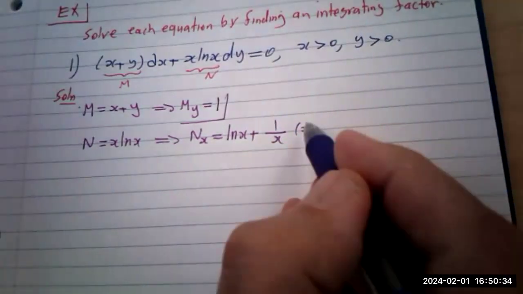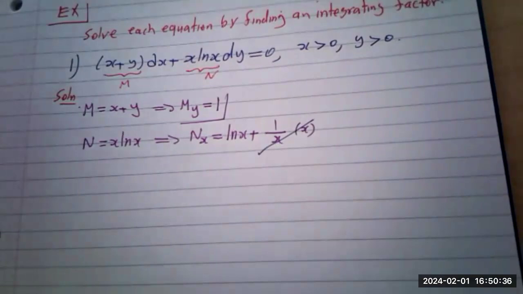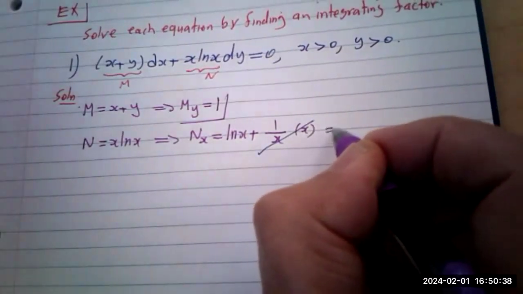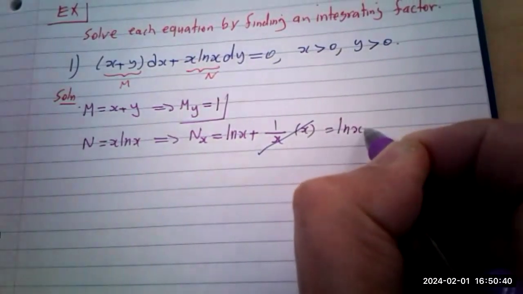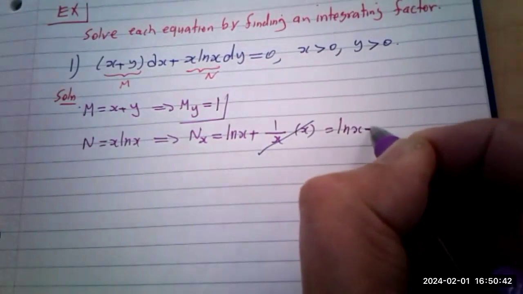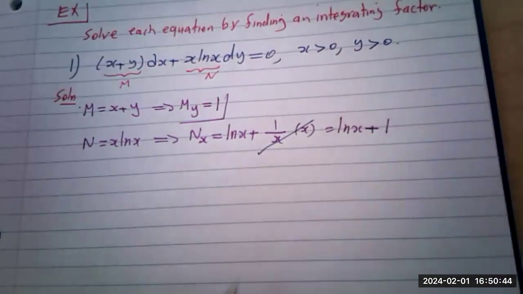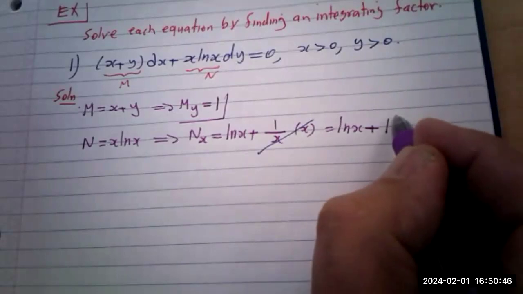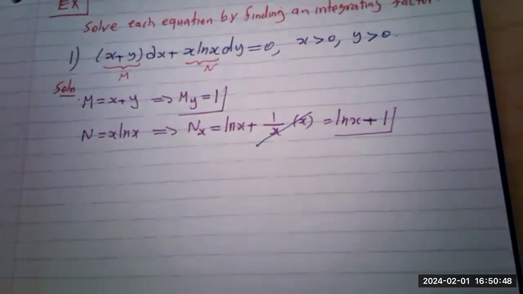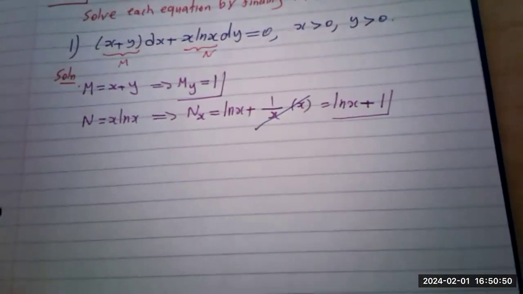You simplify these two, and that gives you ln x plus 1. So that would be your N sub x. Any question?